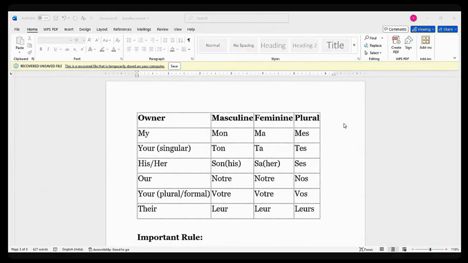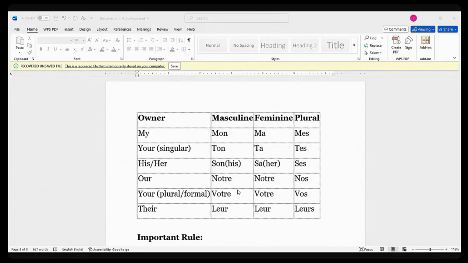Your plural form or formal, votre, then vos, plural. Their, leur. The only difference is that all three have plural structures: notre, then nos; votre, then vos; leur, then leurs. This way. Here is the structure of NOS, here is VOS, there is LEURS.